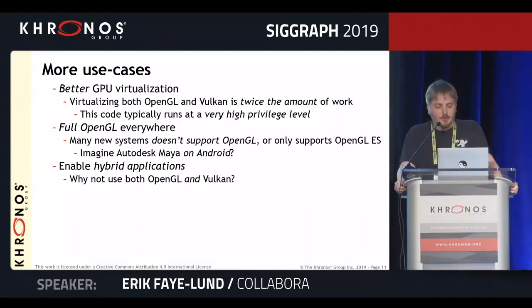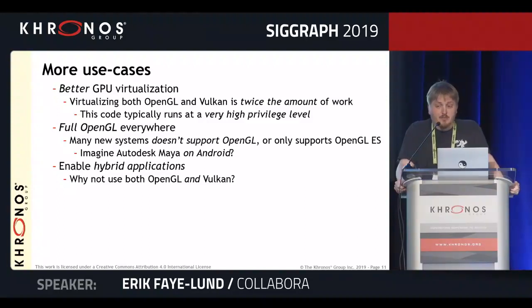And the virtualization code runs at a very high privilege level. It basically runs inside the hypervisor, or often does. It's much easier to vet one set of Vulkan virtualization and do the OpenGL to Vulkan translation fully inside the guest.